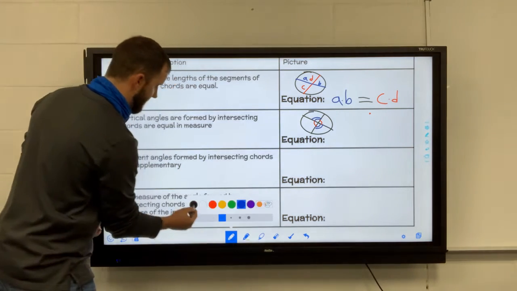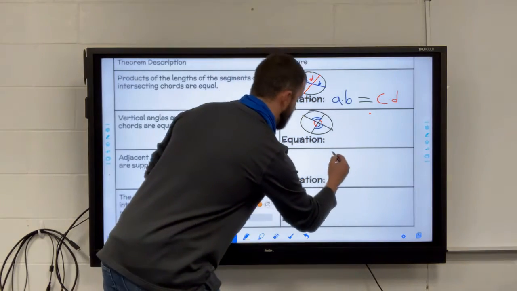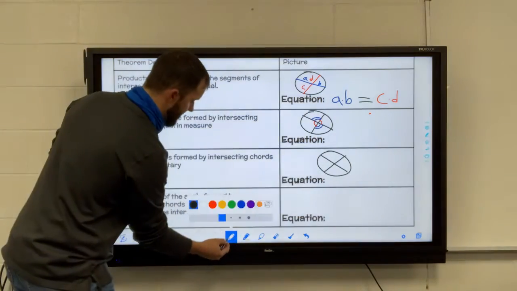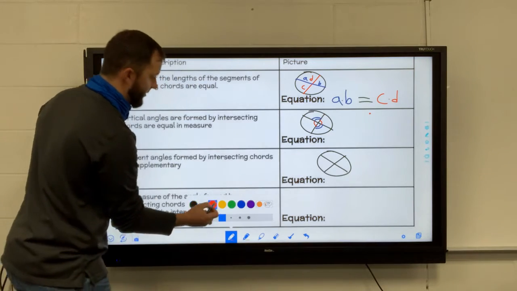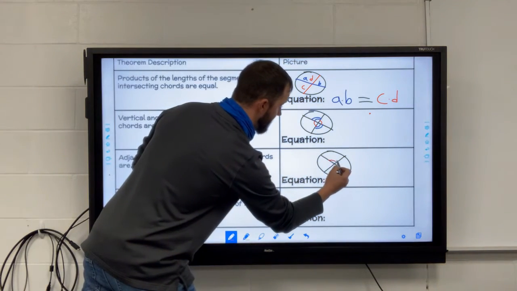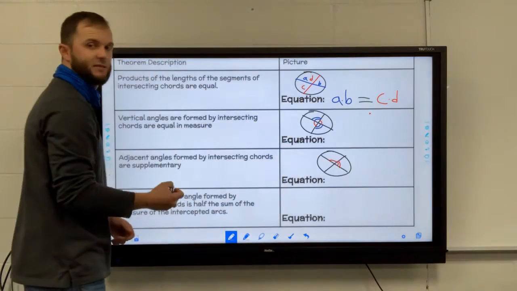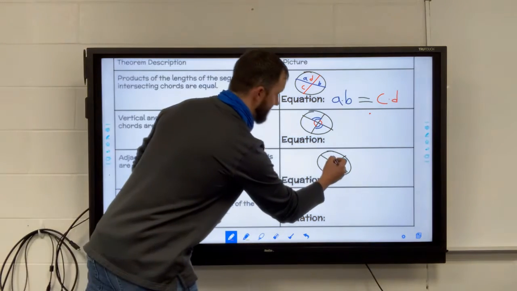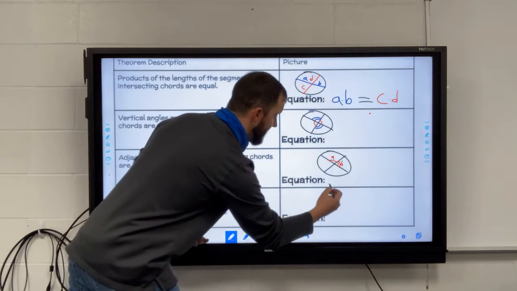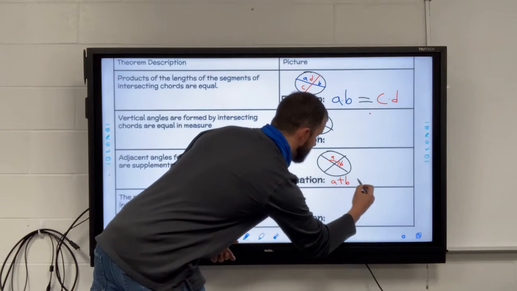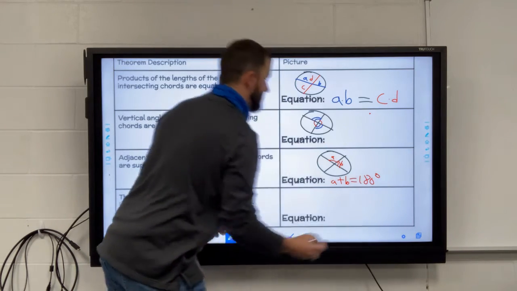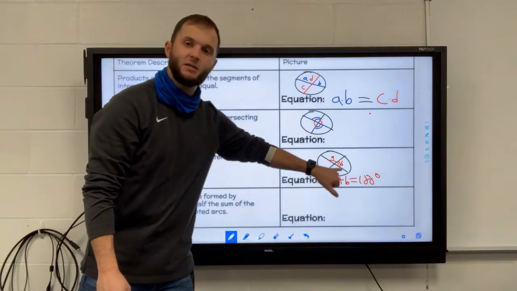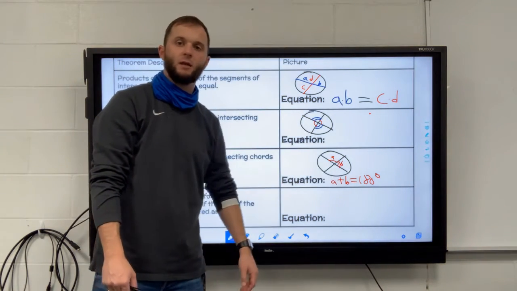So for instance, if I was to draw this circle again, and I have the two chords intersecting each other, two angles here, and I'm going to do it in red, this angle and this angle are going to be supplementary, meaning they add up to 180. So if this was angle A and this is angle B, A plus B is going to equal 180 degrees. They're supplementary to each other. So again, adjacent angles, angles next to each other, are going to add up to 180 degrees.